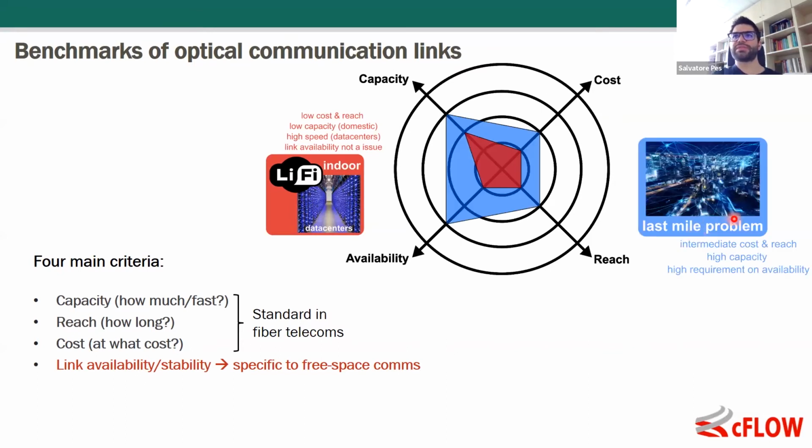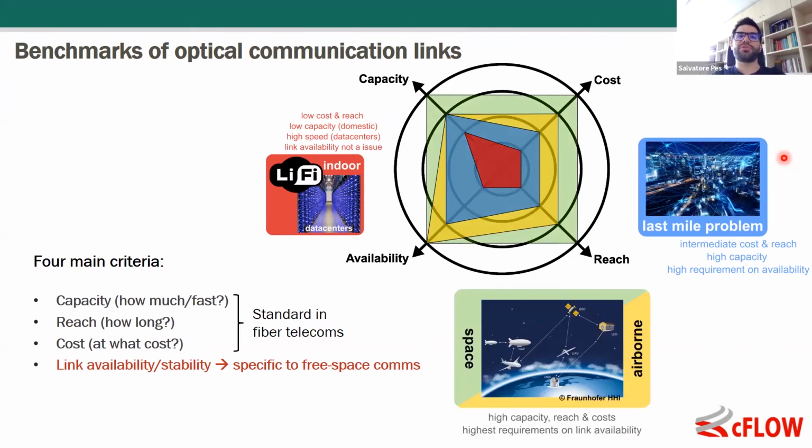We also have the last mile problem, that is how to get the data up to the end user. In the last mile, we have intermediate cost and reach, the capacity must be high, and we also have high requirements on availability.